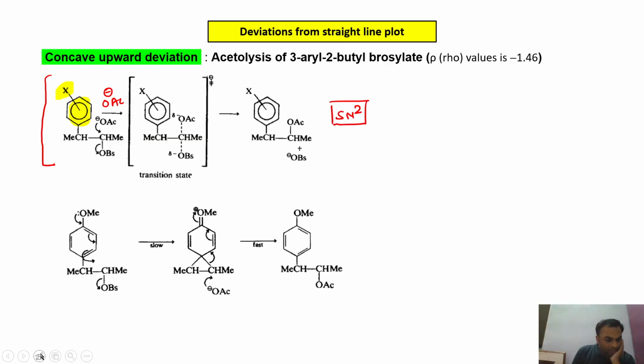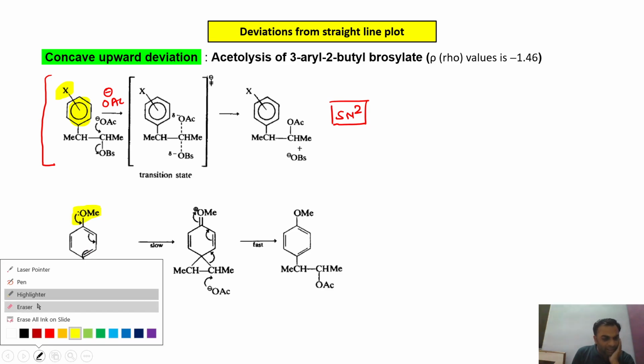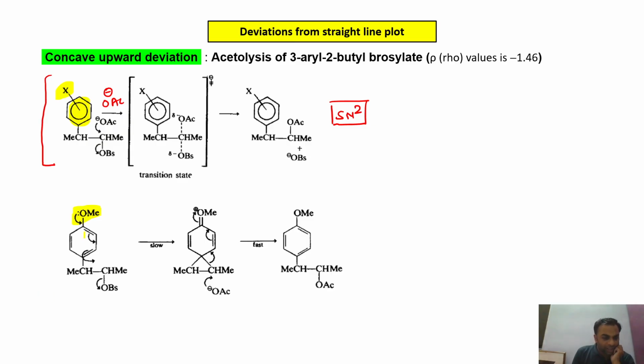But when the substituent X is a strong electron donating group, it increases the electron density of this phenyl ring, and this phenyl ring participates in the departure of the leaving group, and an NGP type of mechanism takes place.